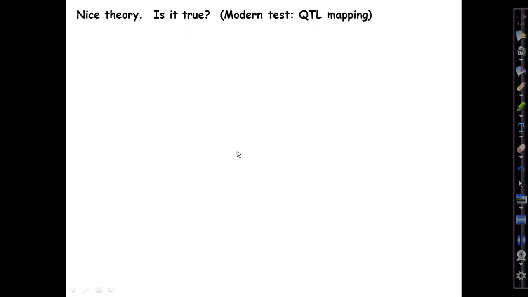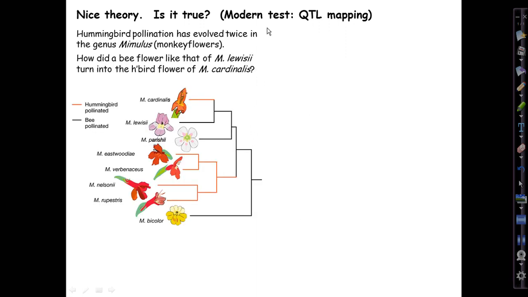A modern way of testing whether the theory is true is to try to go find, that is by genetic mapping, these quantitative trait loci, which are often abbreviated QTLs in the trade.